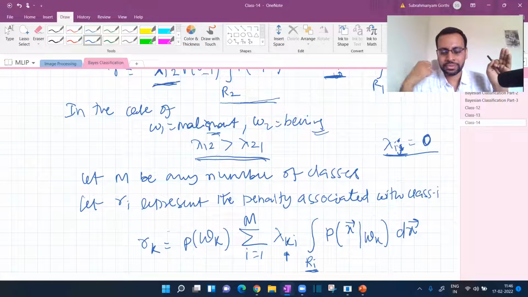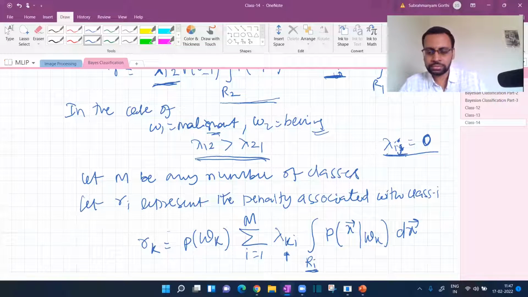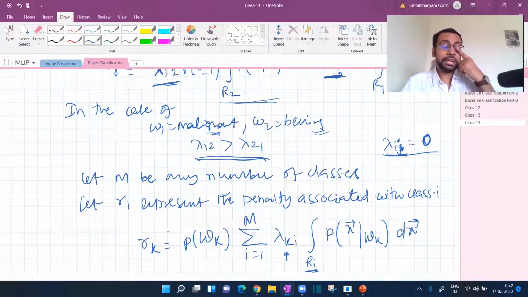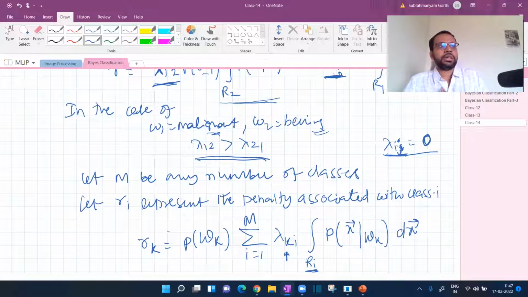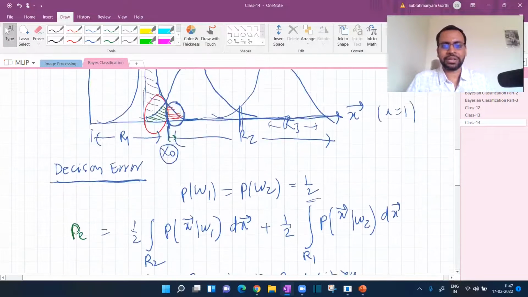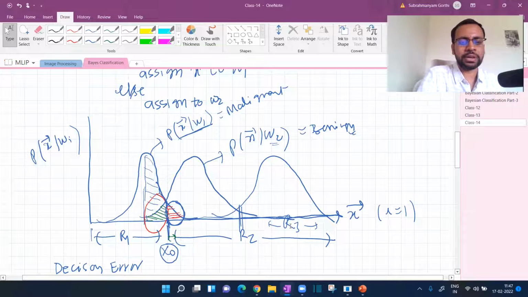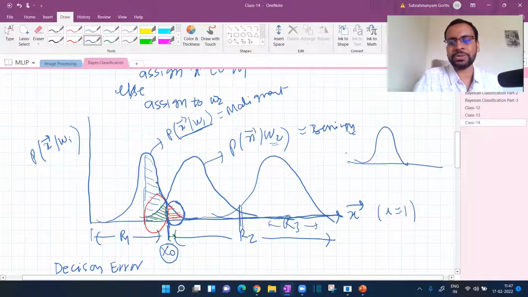Sir, after one class, it will become 0 because class one will not get misclassified into 3. In that graph which you have drawn, sir. See, there what I did is, you could consider maybe, if you want, it might become, but assume that for that particular plot I have done, my graph is like this.